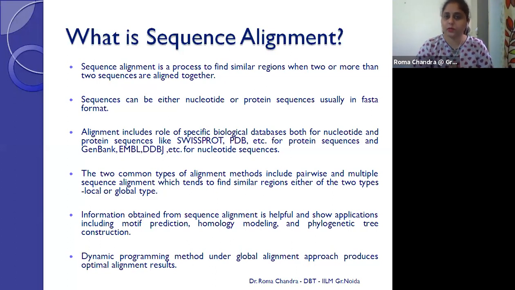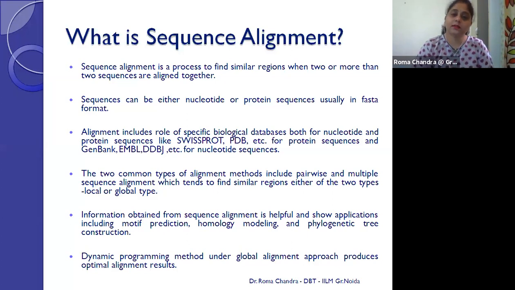So the sequence alignment process helps us find those similar regions between a query sequence and the sequence we are considering as our standard or template sequence. The second most important application of sequence alignment is that it helps us go with homology modeling. Without aligning the sequences, we cannot create a three-dimensional structure.